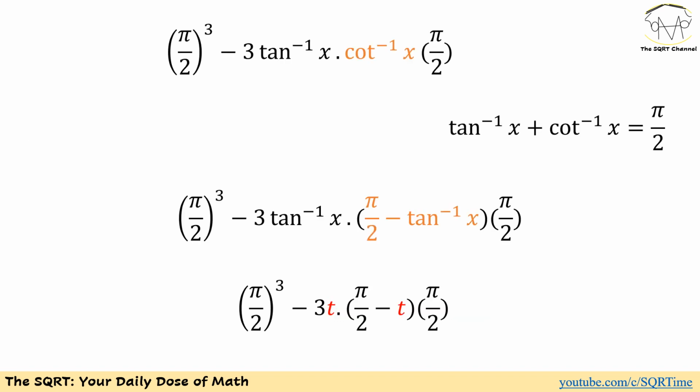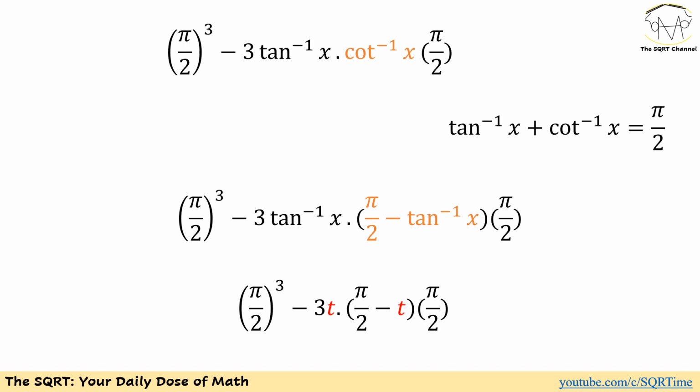Now let's use one additional simplification. Instead of having both inverse tangent of x and inverse cotangent of x, I'm going to convert everything to inverse tangent of x. To do this, I'm going to use the identity again.